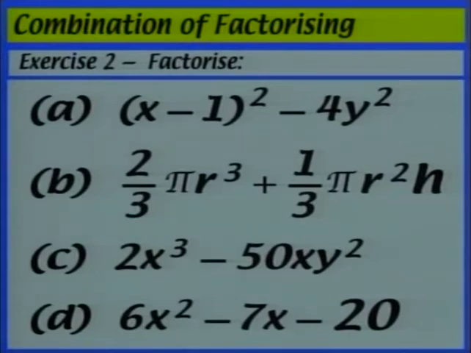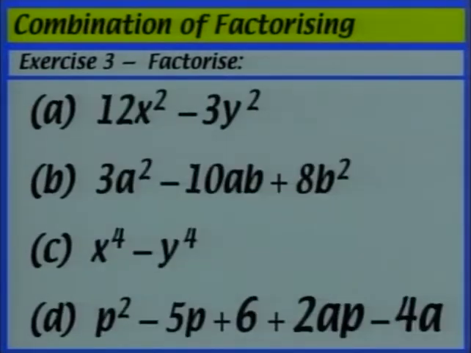Okay, then you have to continue factorizing this one. And then that x squared minus y squared is another difference of 2 squares again. So you have to factorize this bit. This one, leave it like that.